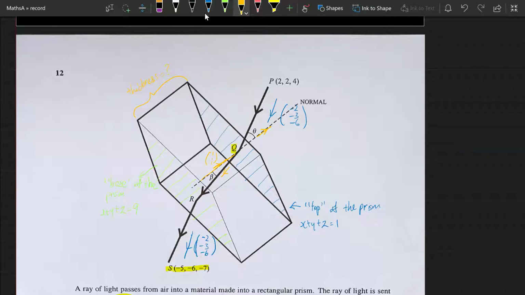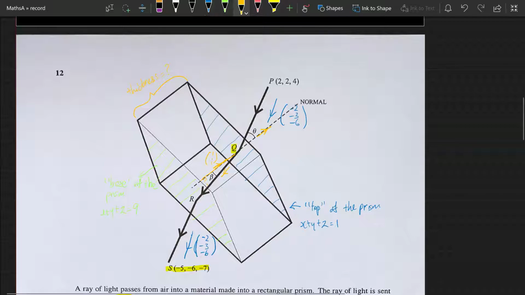You realize this QR, you imagine you are projecting this vector QR onto this 1, 1, 1. We are finding the length of projection of QR on 1, 1, 1, because this will be a right angle.